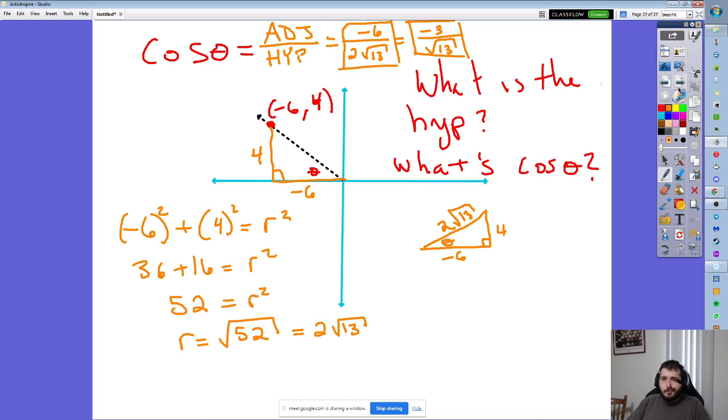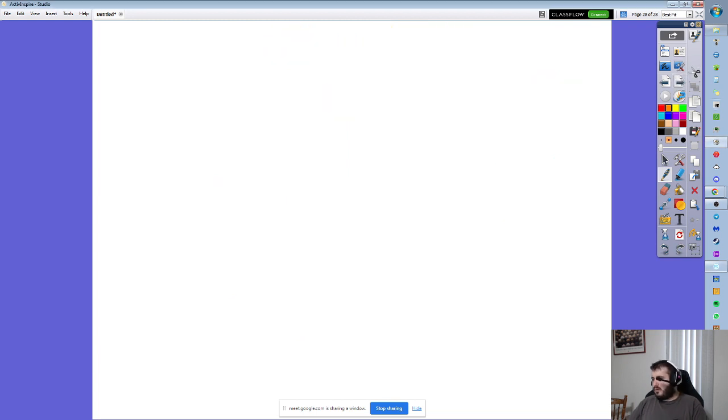Now, the other one is, instead of being given a point, I'm going to do like I was doing last week, and give you the value of a trig function. The thing of it is, now that we're in any old place on the XY plane, we just have to be very careful about our negative signs as we go through.